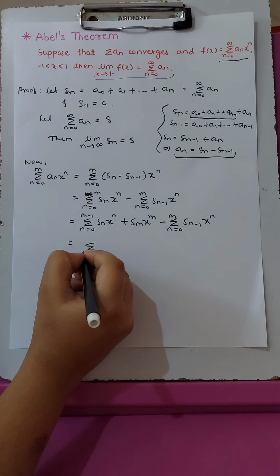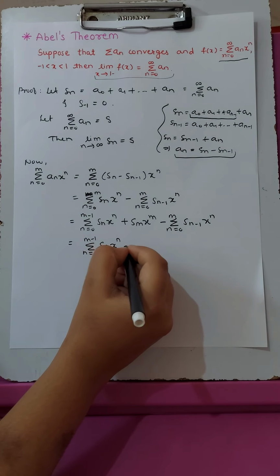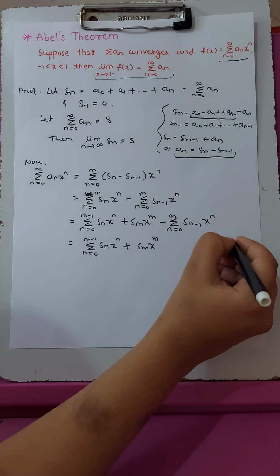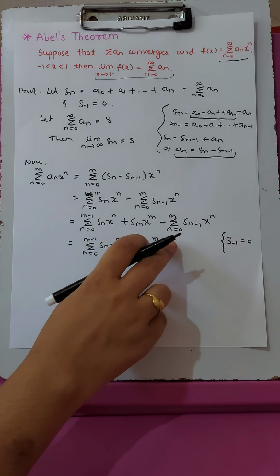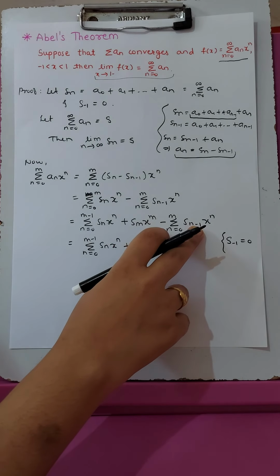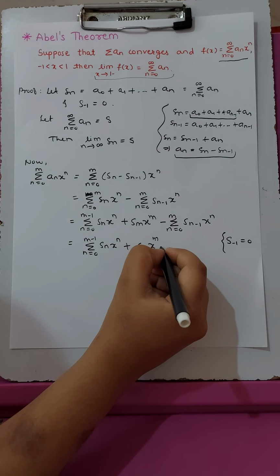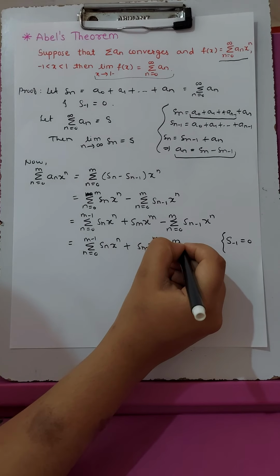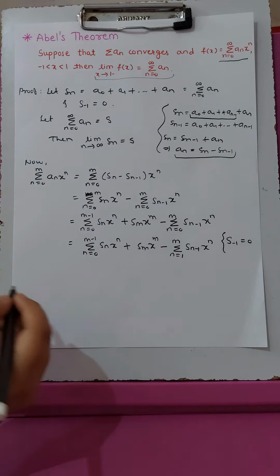Now we know that s minus 1 is equal to 0. So if we put n equals 0 here, this becomes s minus 1, and for n equals 0 this term becomes 0. So we write here summation n from 1 to m Sn minus 1 x to the power n.